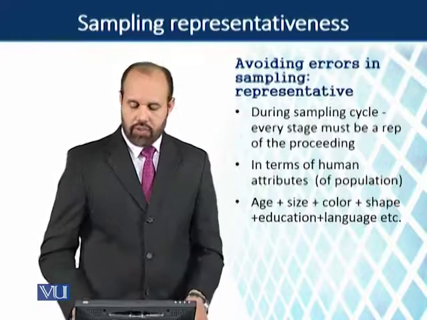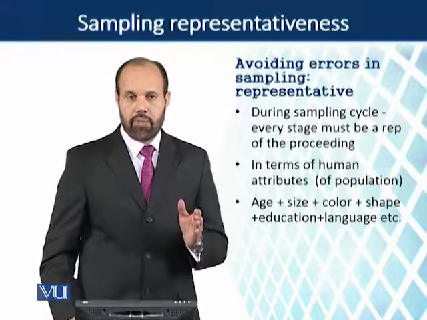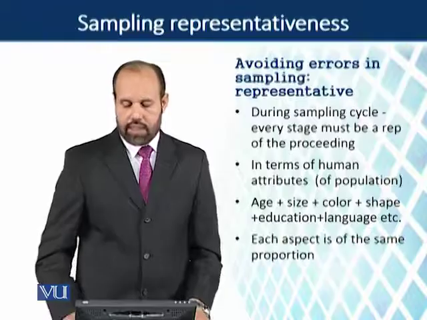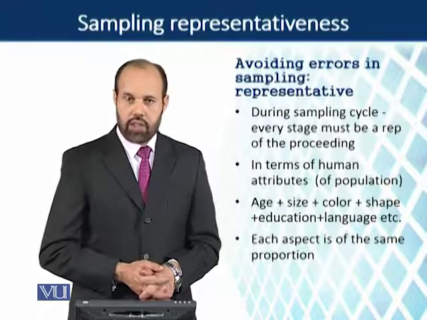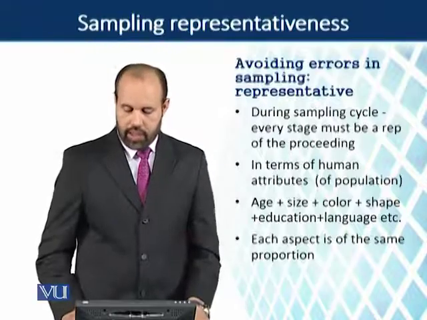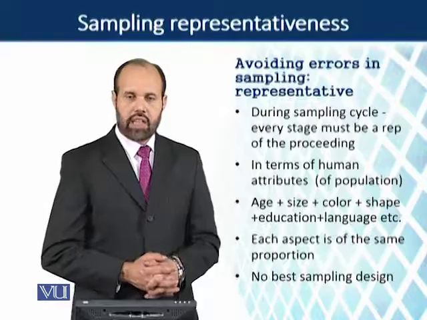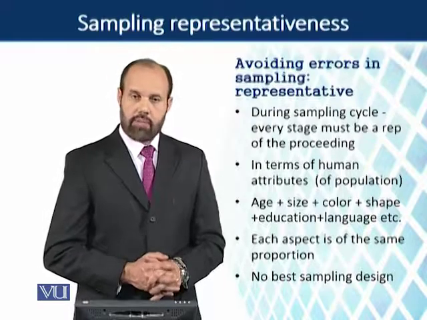So we must look for these attributes of the population, and we must make sure that those attributes are part of our samples, right? So each aspect is of the same proportion, and that proportion is also really important. So we must make sure that our sample is the true representative of the population.